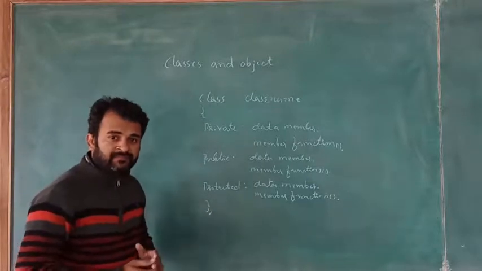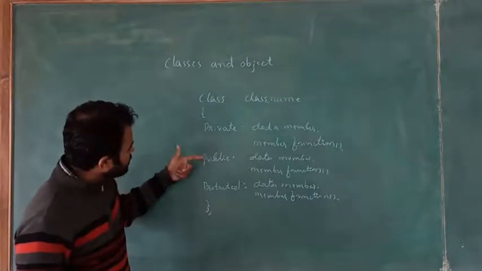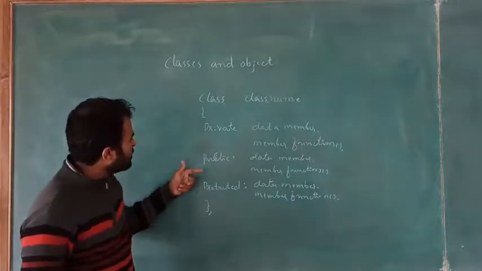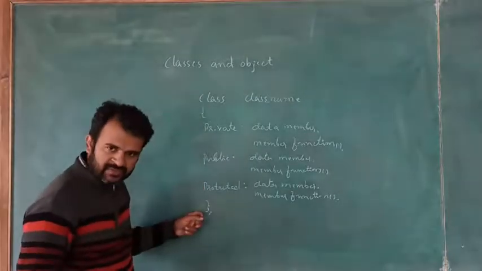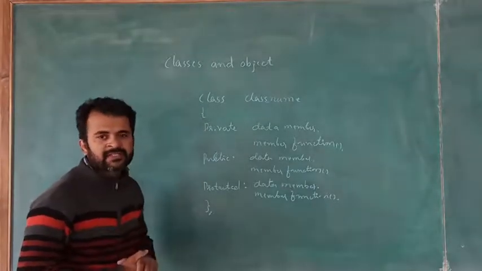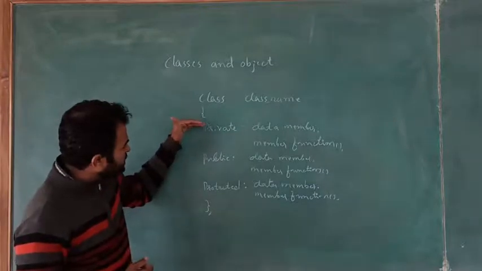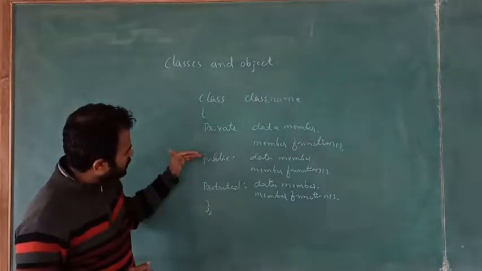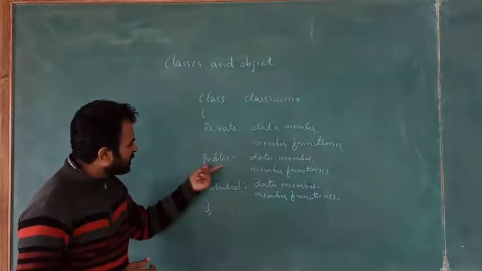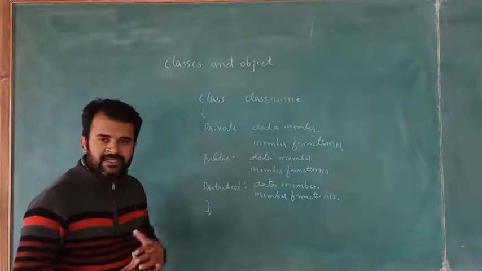There are three levels of access specifiers that can be specified within the class: private, public and protected. We will discuss them in detail in the next class.